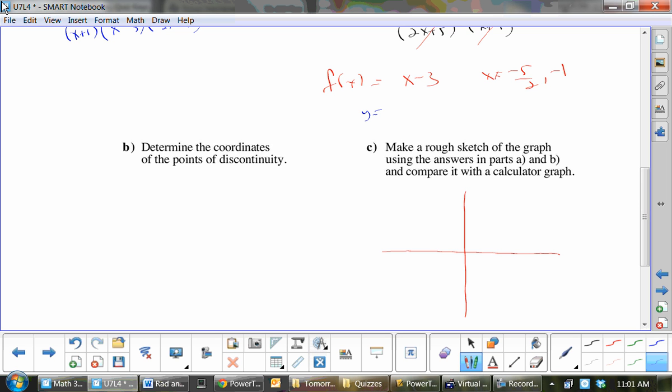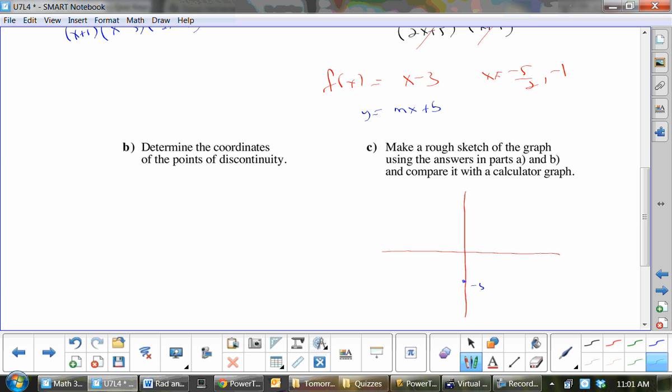The slope. So this one, what is the slope? It's the number in front of the x. What's the slope? 1. What is the y-intercept? That's b. That's what b stands for, y-intercept. What is it? Negative 3. So the y-intercept is at negative 3.